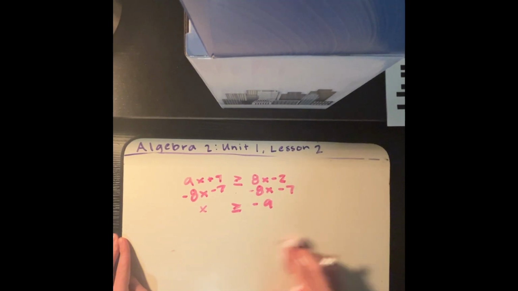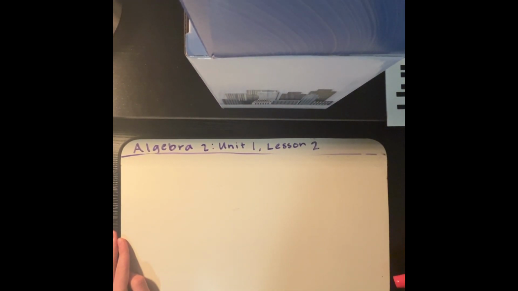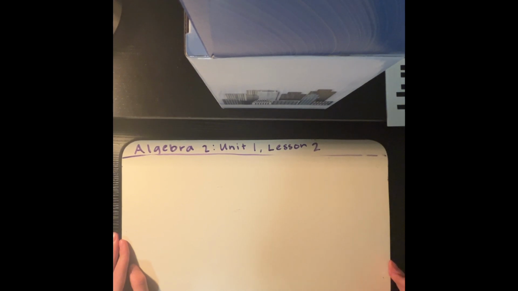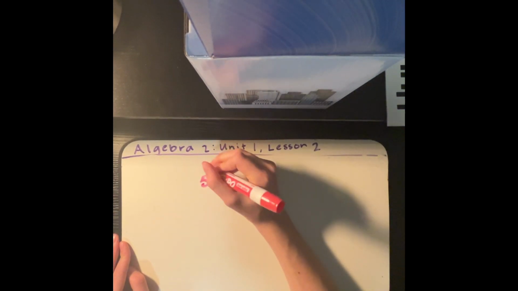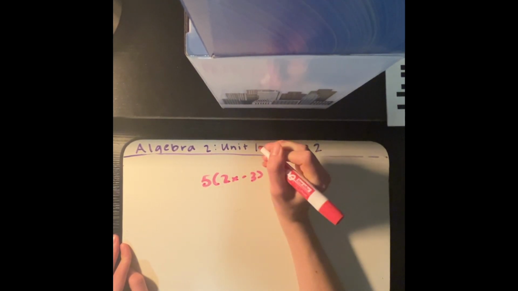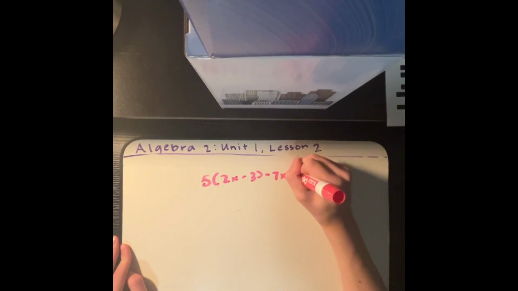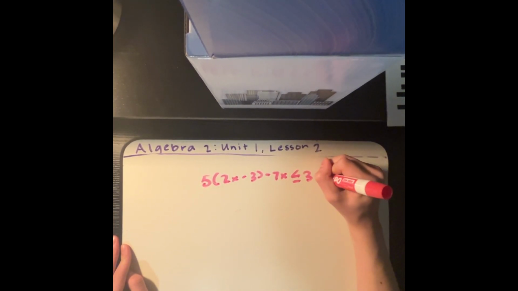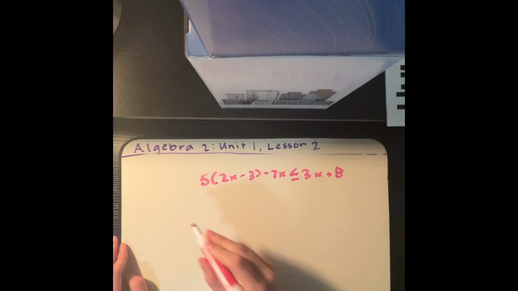Let's do another example. Like equations, inequalities can have special cases as well. So let's do this one: 5 times 2x minus 3, and then minus 7x is less than or equal to 3x plus 8. First step is going to be to distribute.